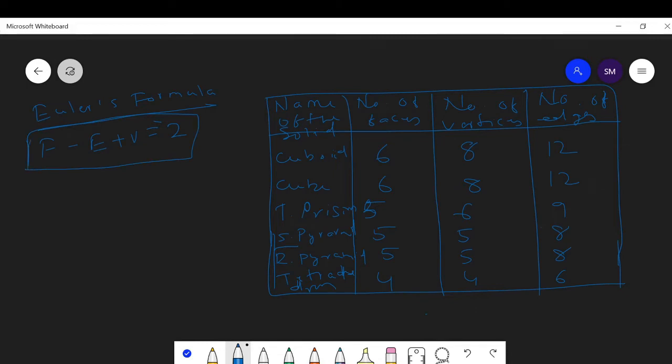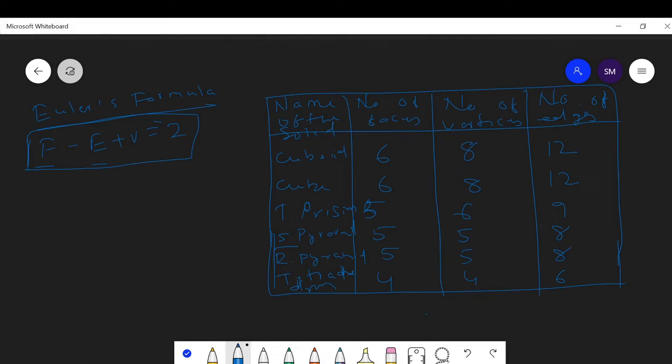If we know the number of faces and number of edges, by applying Euler's formula we can find the number of vertices. In case you cannot imagine the figure in the exam hall, you find the number of faces, edges and vertices, and you can check whether your answer is correct by applying Euler's formula.